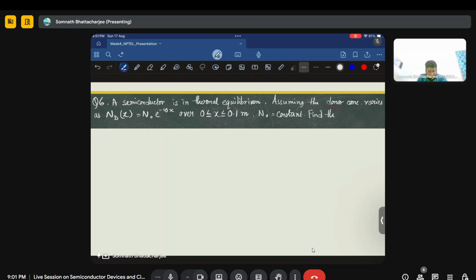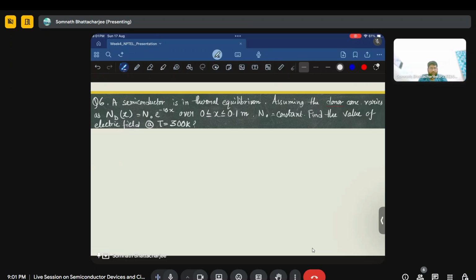Find the value of the electric field at a temperature of 300 kelvins.